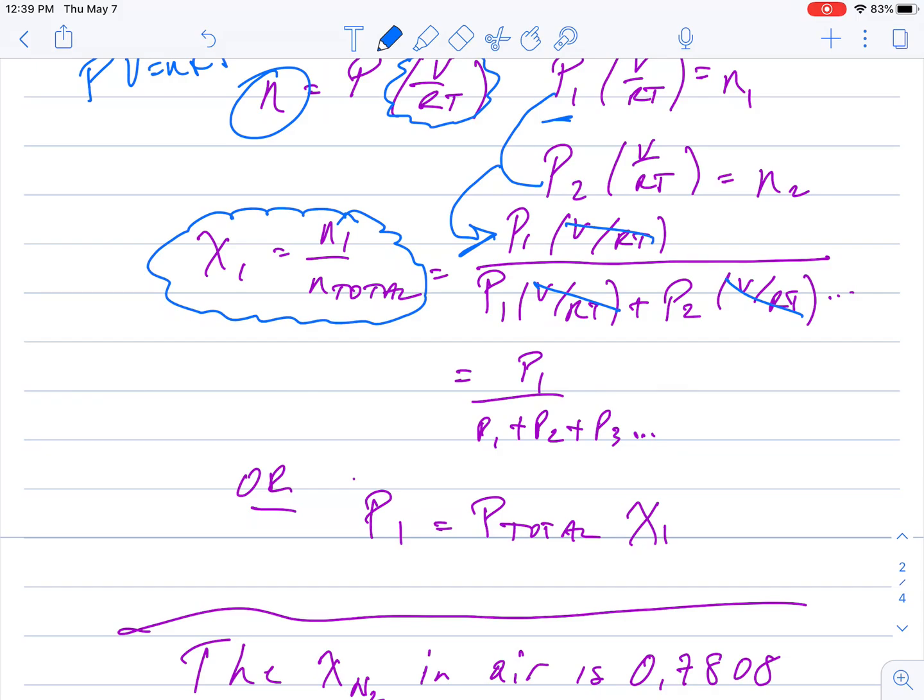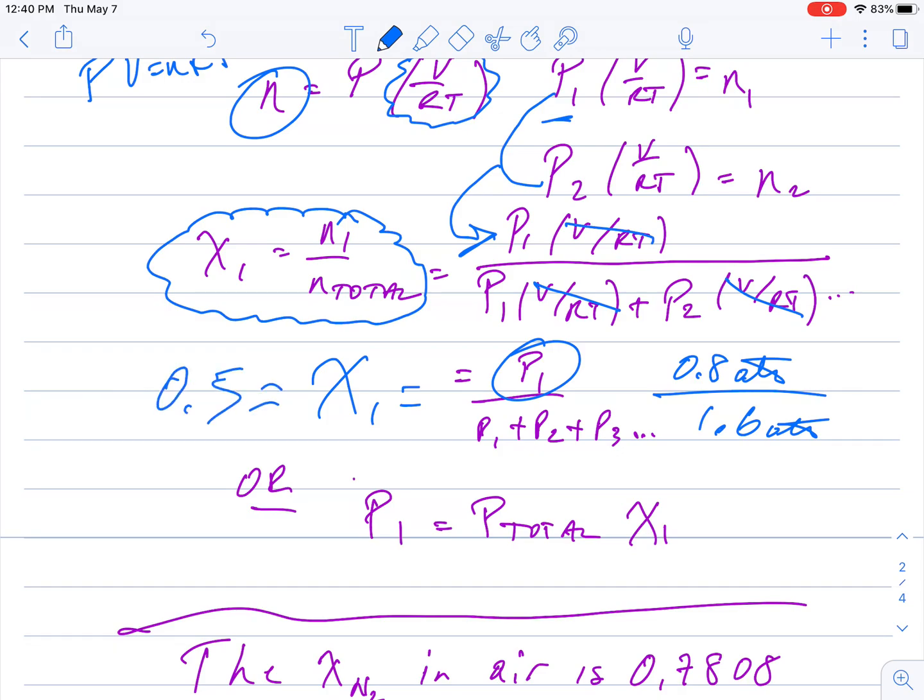So if I know that the pressure of a particular gas might be, I don't know, 0.8 atm, and if I know that the total pressure in the system is 1.6 atm, then I know that that partial pressure would be equal to 0.5, because if I take 0.8 and divide that by 1.6, that would get me this.